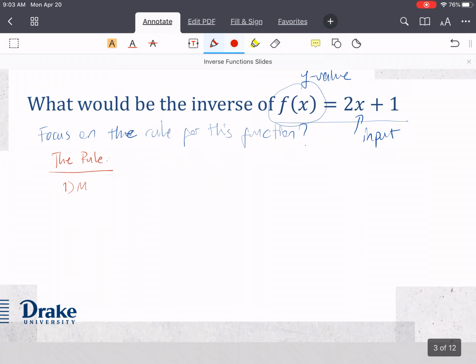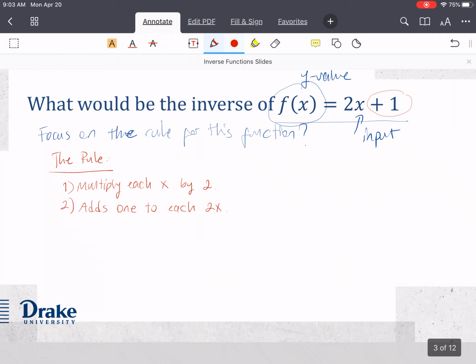So multiply each x by 2. And then it adds 1. So the second thing this function does is it adds 1 to each 2x.